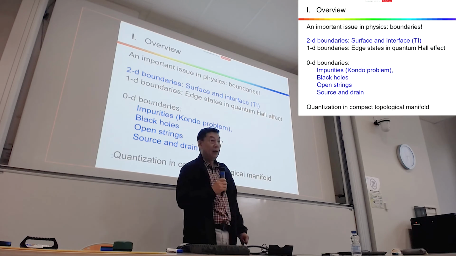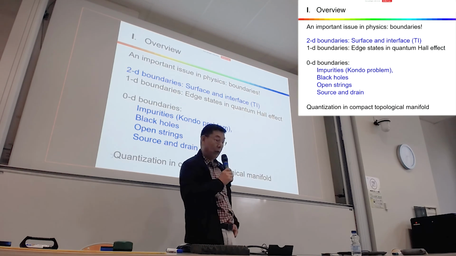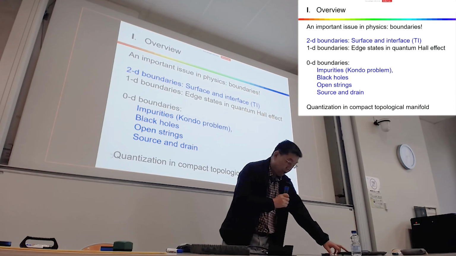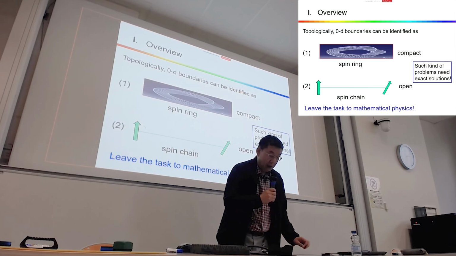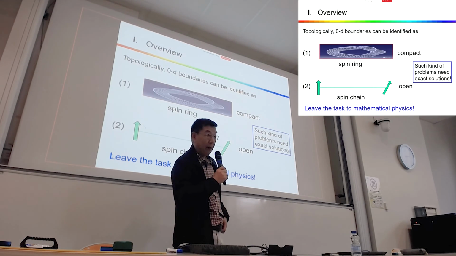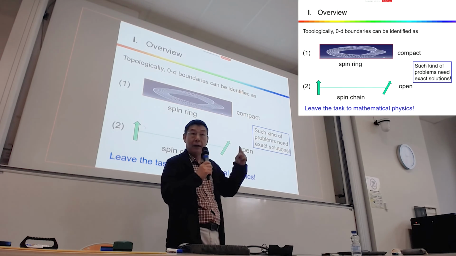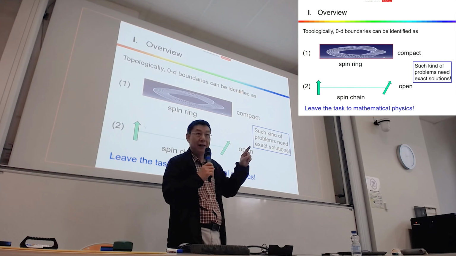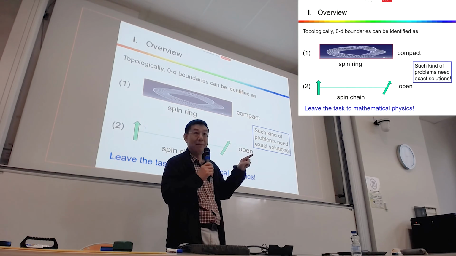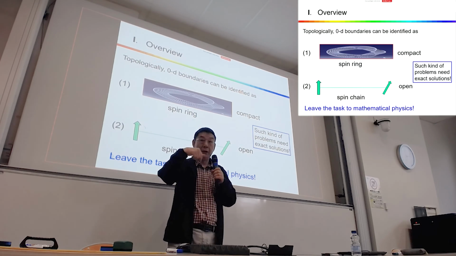As we know, an important issue in physics is the boundaries. For integrable models, there are two typical boundaries. One is in a compact space, and maybe in this space there is some knot, that means some topological structure, not a simple periodic boundary.